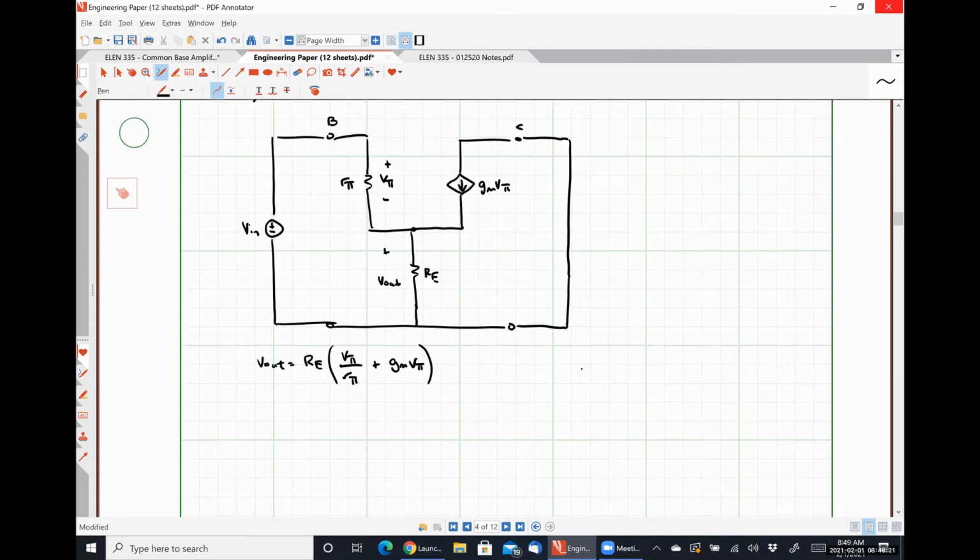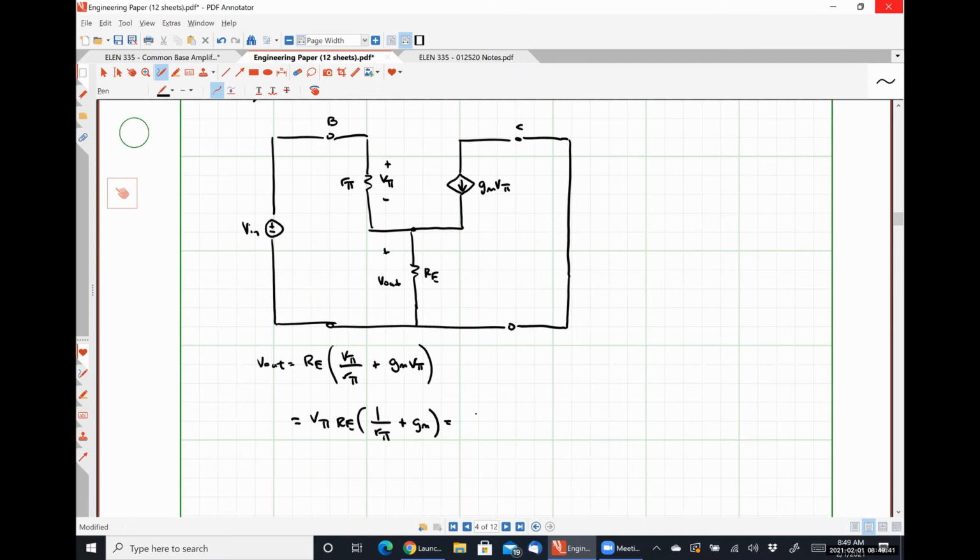And I'm going to do a little bit of algebraic manipulation here. So I could factor out a common term of V pi. So this would give me V pi times Re times 1 over R pi plus gm.